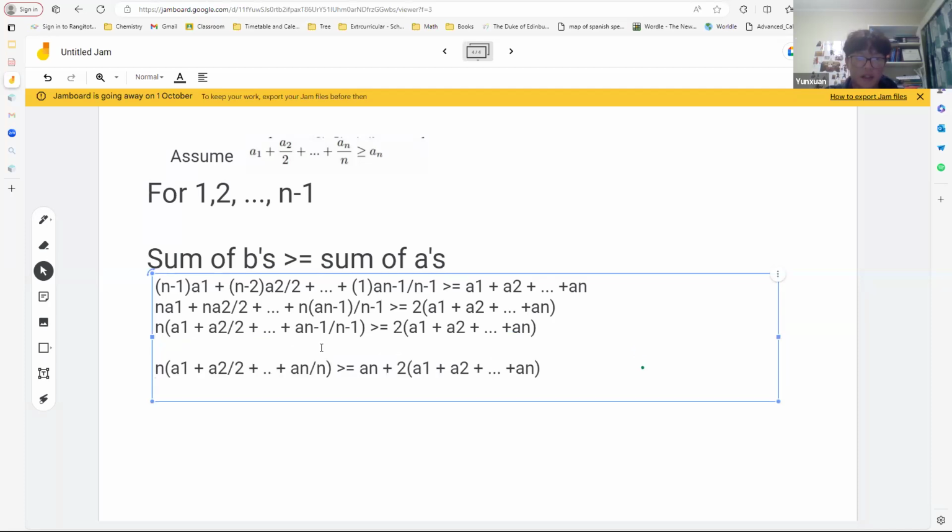But this is significant because everything inside the brackets is just bn. So we have n times bn larger than or equal to an plus 2 times (a1 plus dot dot dot plus an minus 1).